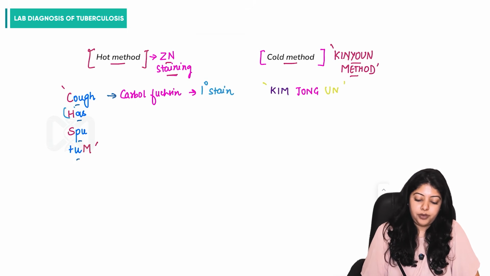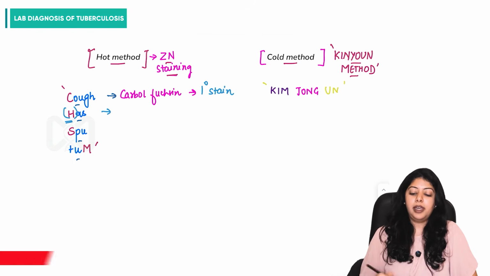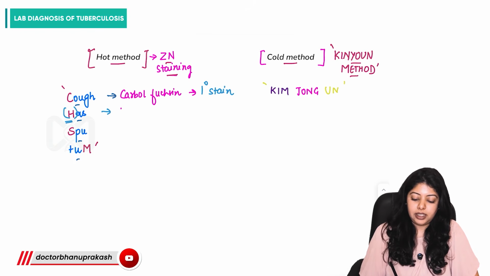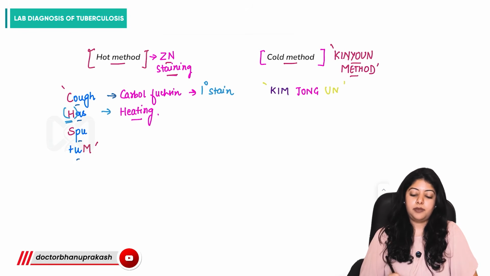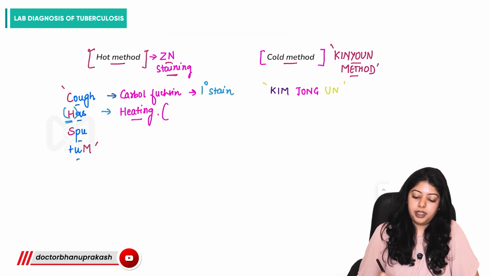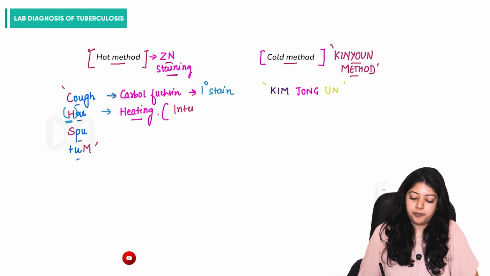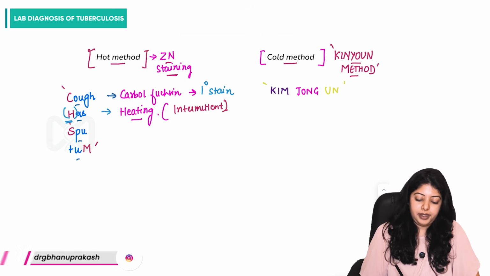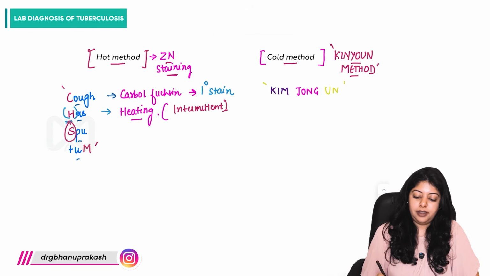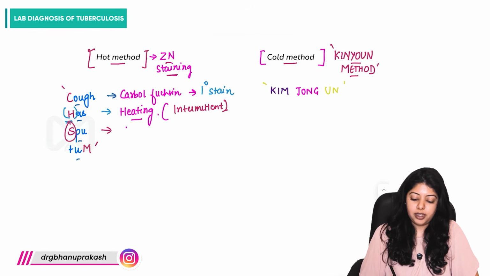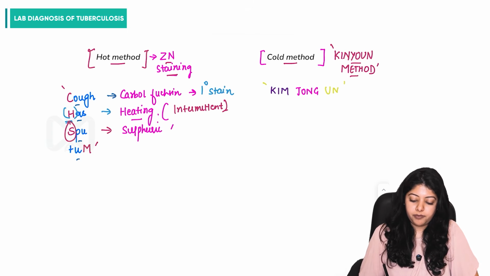Then with H, we are denoting the intermittent heating. What kind of heating? Intermittent heating. With S, we have the decolorizer, which is sulfuric acid or H2SO4.